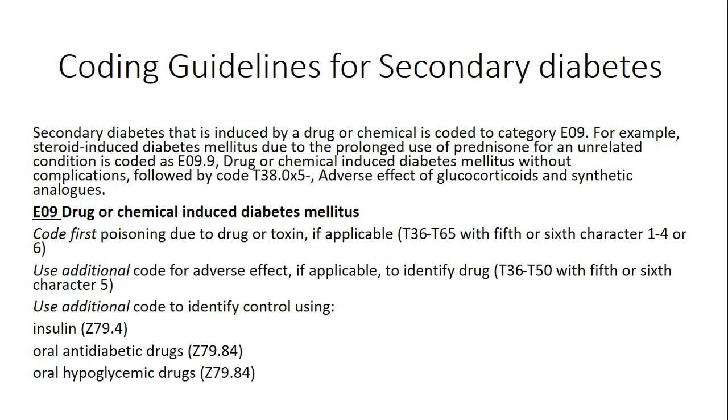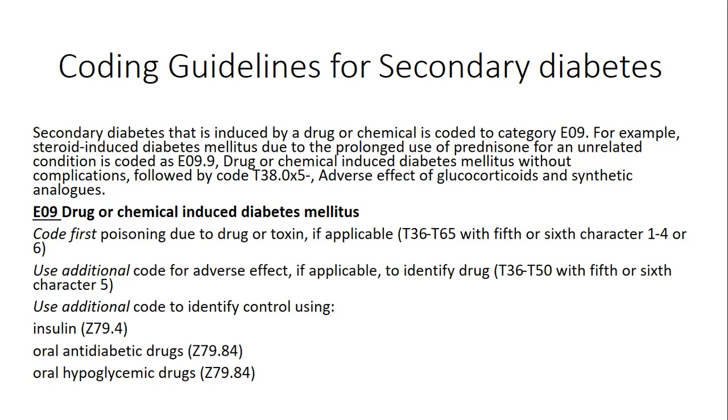For example, steroid-induced diabetes mellitus due to prolonged use of prednisone for an unrelated condition is coded as E09.9, drug or chemical induced diabetes without complication, followed by code T38.0X5 series for adverse effect of glucocorticoid or synthetic analogues.